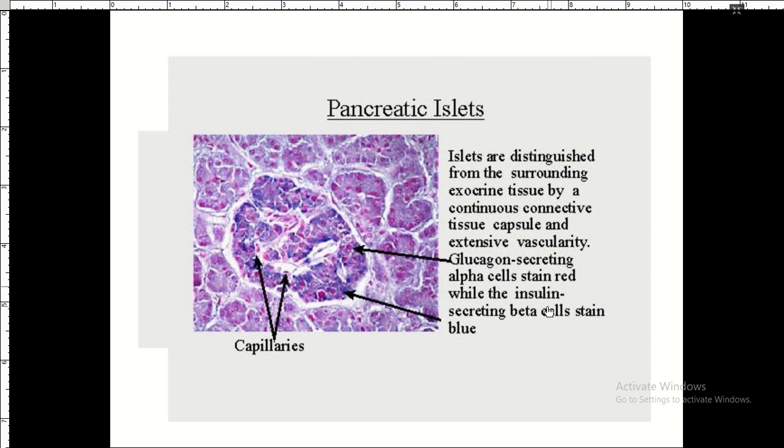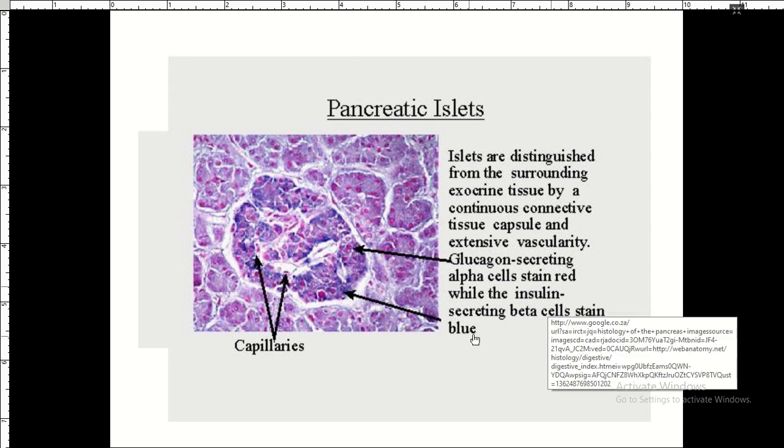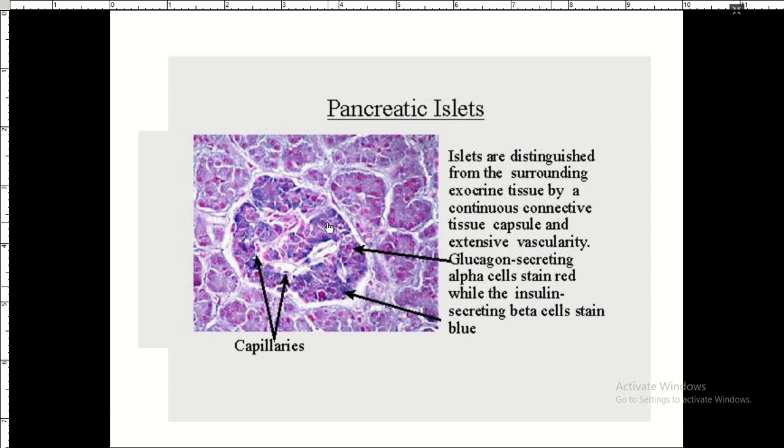So the beta cells, which are your insulin producing cells, are basophilic, so they look a bit blue. And the glucagon secreting cells, which are your alpha cells, are acidophilic, so they look a bit pale, right?